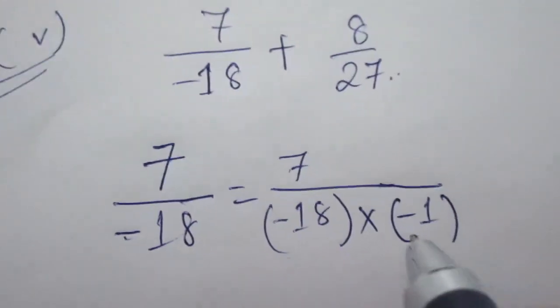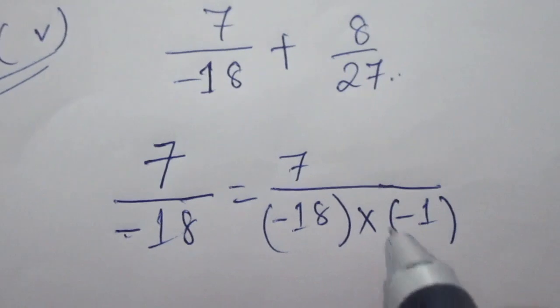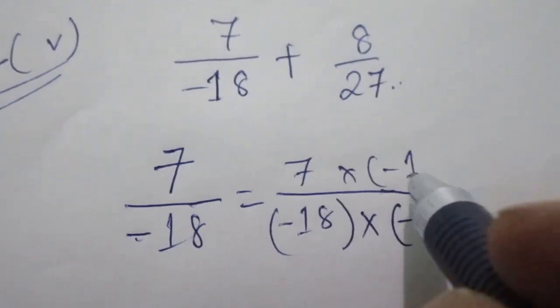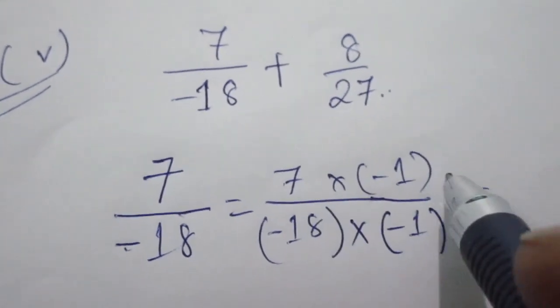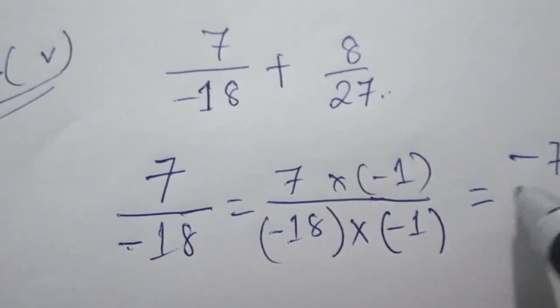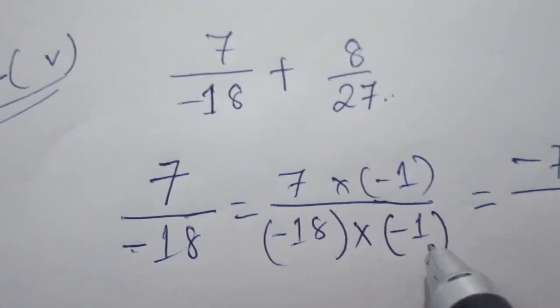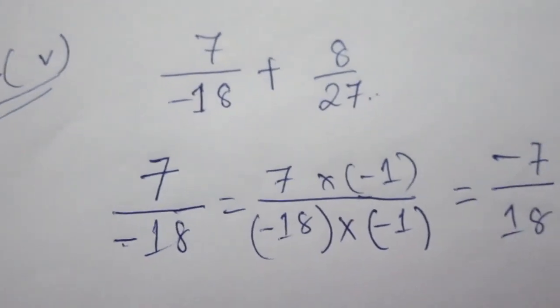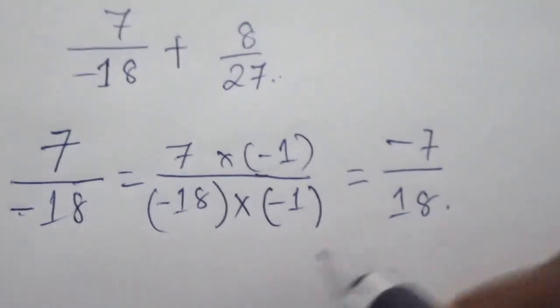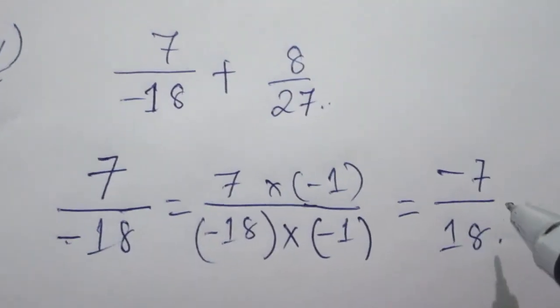As I have multiplied the denominator by minus 1, we have to multiply the numerator also with minus 1. So 7 into minus 1 will give me minus 7, and minus 18 into minus 1 will give me 18. In this way I have converted a negative denominator to a positive denominator.